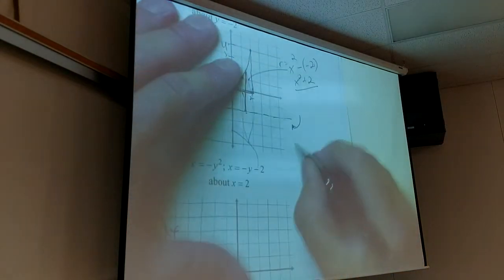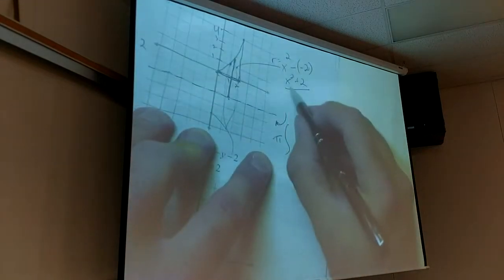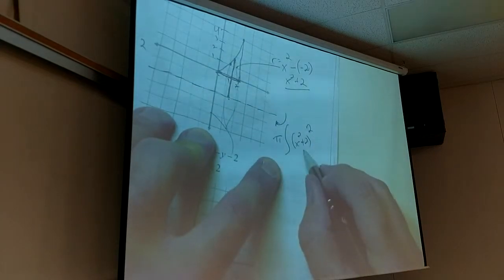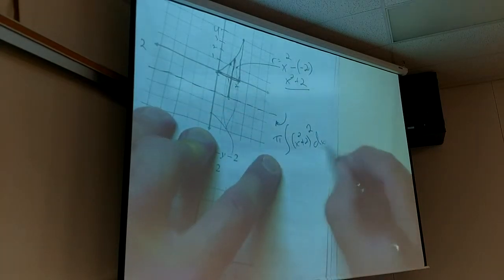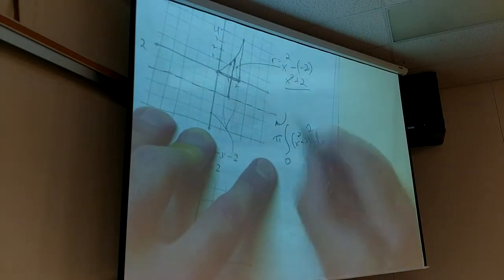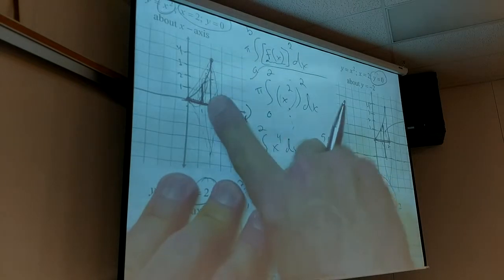So now to set up the integral: pi integral, r is x squared plus 2, so x squared plus 2 squared, that's pi r squared. And of course x is still going from 0 to 2. So it should make sense that the volume for this one is going to end up being bigger than the previous one.